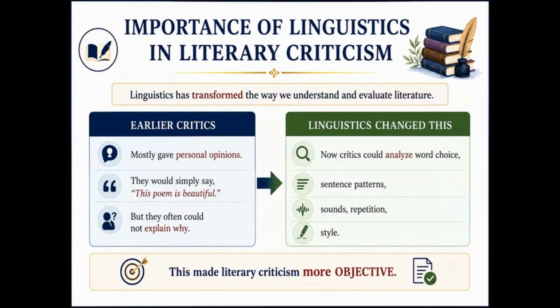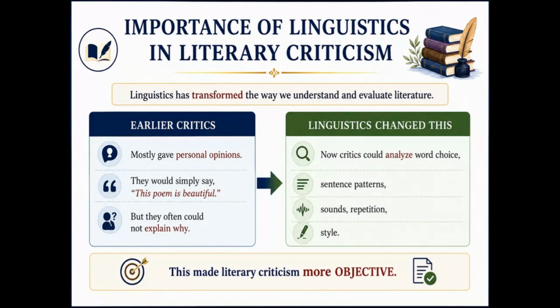Here is the importance of linguistics in literary criticism. Earlier critics mostly gave personal opinions, like they would simply say, this poem is beautiful, but they often could not explain why. Linguistics changed this. Now critics could analyze word choice, sentence patterns, sounds, repetition, style.